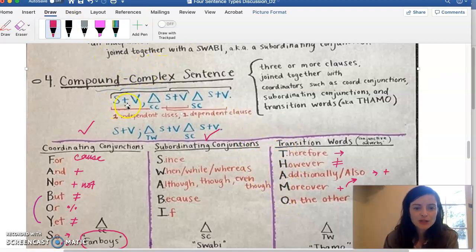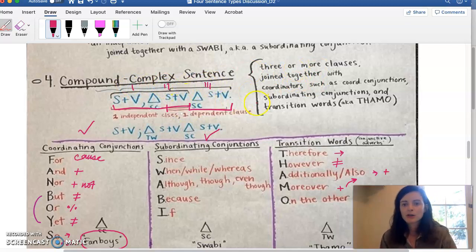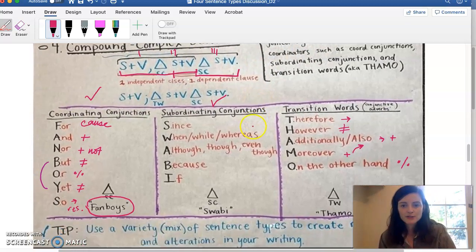We've got subject plus verb, comma, coordinating conjunction, so a fanboy, subject plus verb, subordinating conjunction, so a swabby, and then another subject and a verb. So you've got two independent clauses right here, and then you've got one dependent clause right here. So you've got 1, 2, and 3. So compound complex sentence, 3 or more clauses joined together with coordinators.